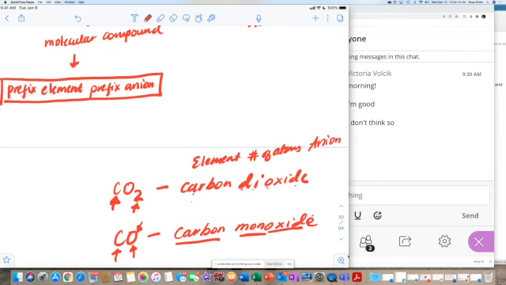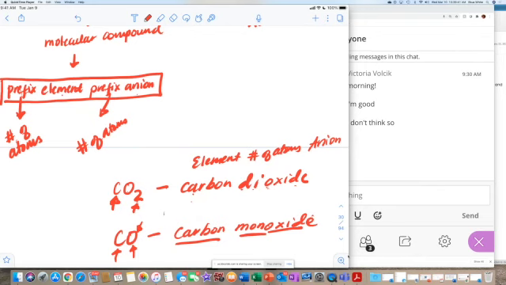Okay, let's see, the element, I recognize the element name here. Wait, looking at this, am I not missing the first prefix? Why didn't I say, oh, I need to say this right here. This prefix tells you the number of atoms. So you've got number of atoms, element, number of atoms, anion.